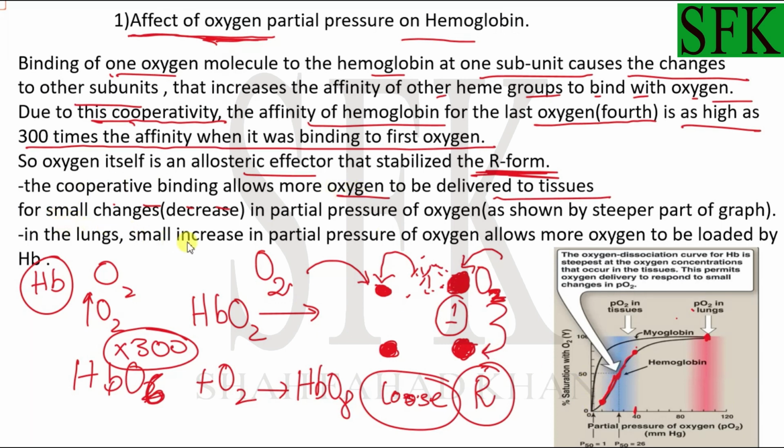For small decreases in partial pressure of oxygen, as shown by the steeper part of the graph, the saturation of the hemoglobin decreases very steeply. In the lungs, a small increase in partial pressure of oxygen allows more oxygen to be loaded by the hemoglobin, vice versa of what was happening first. So this is the allosteric effect of oxygen on hemoglobin for binding to more oxygens.